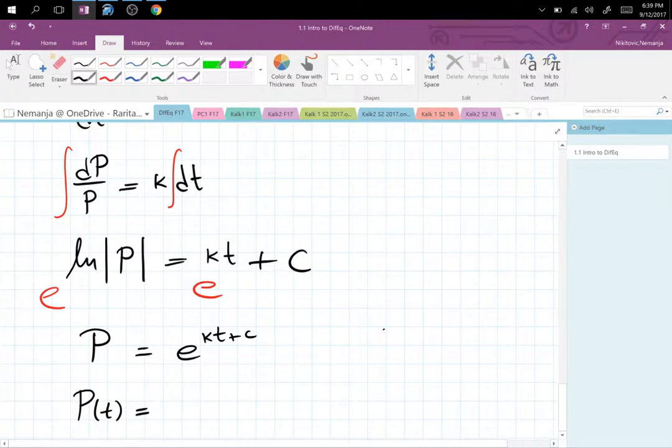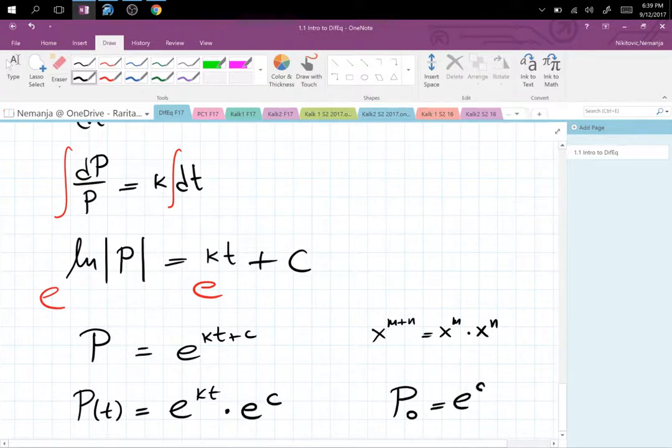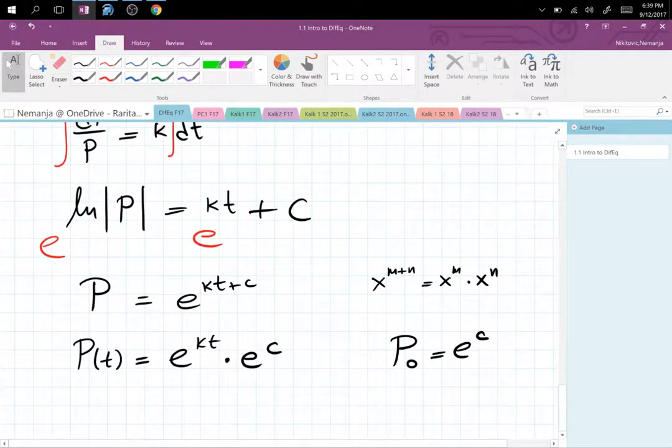We know from algebra that x to the m plus n is x to the m times x to the n. So I'm going to break this part here at the plus, getting e to the kt times e to the c. And I'm going to define this e to the c as p0.